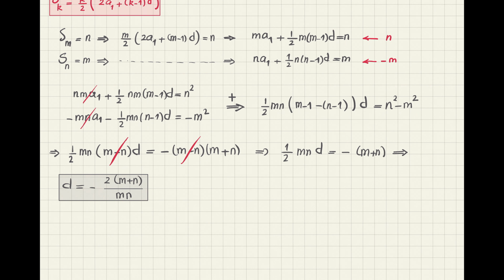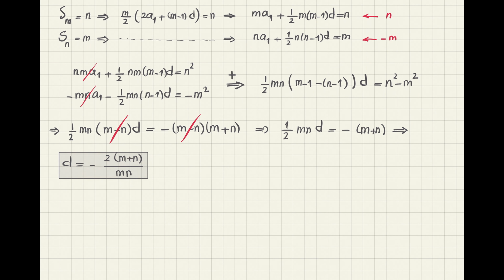So what we can do, we can write m a1 plus 1 over 2 m times m minus 1, and instead of d now I put this expression that I got, minus 2 times m plus n divided by m times n, and then on the right hand side you will have n.